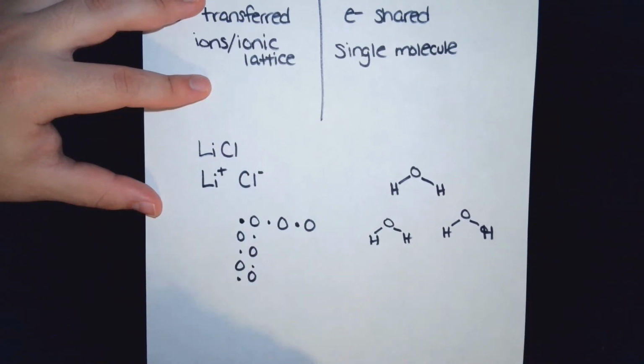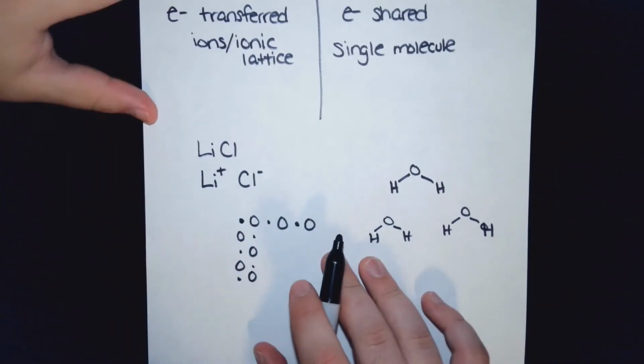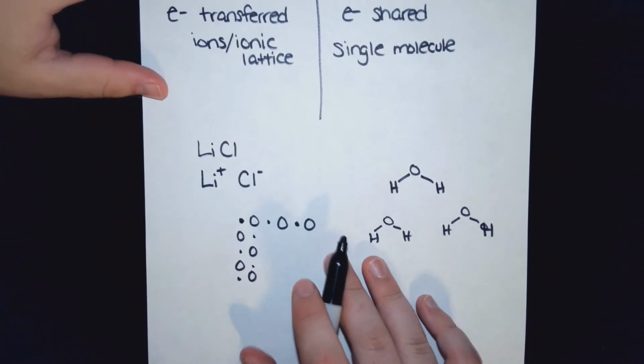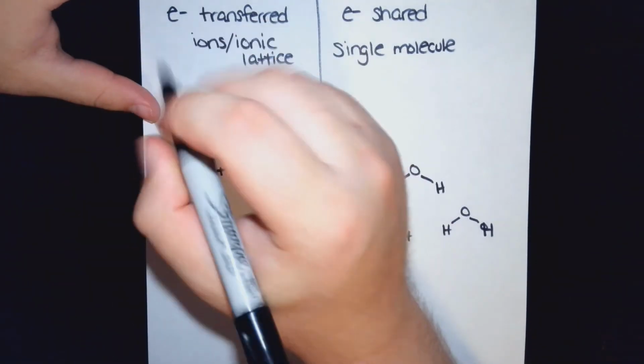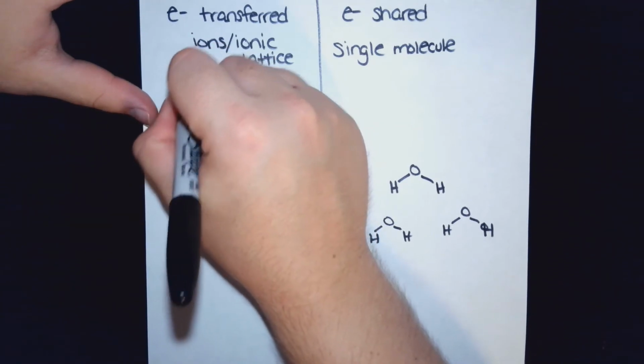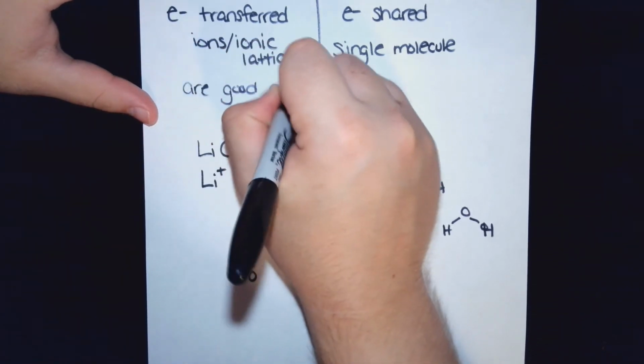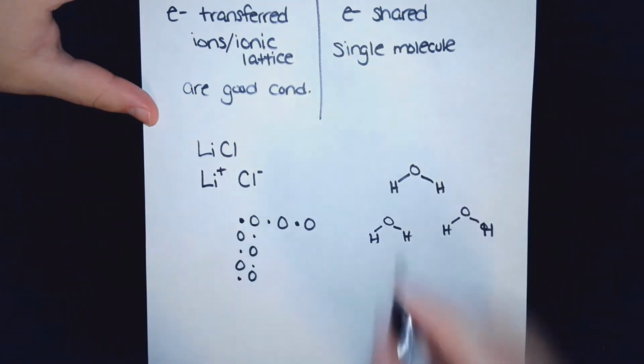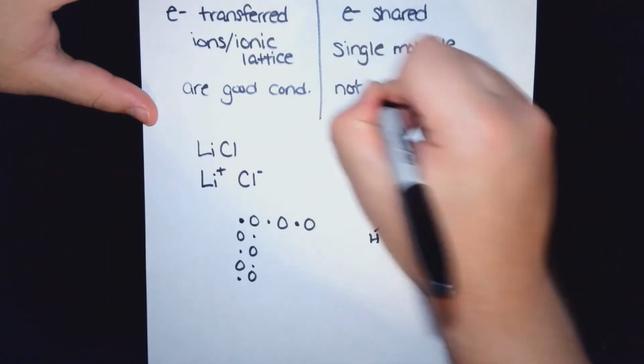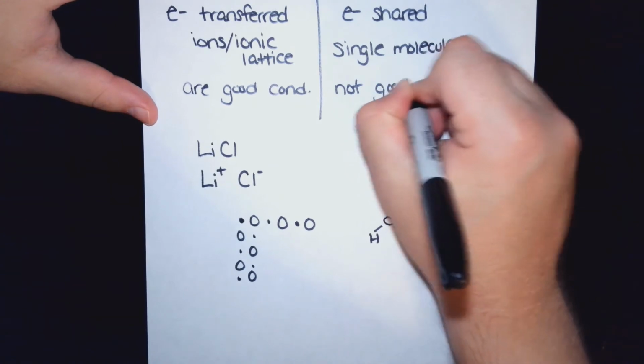And the last difference I want to discuss is that ionic compounds are good conductors of electricity, and covalent compounds are not good conductors, because in order to conduct electricity, you need the presence of ions.